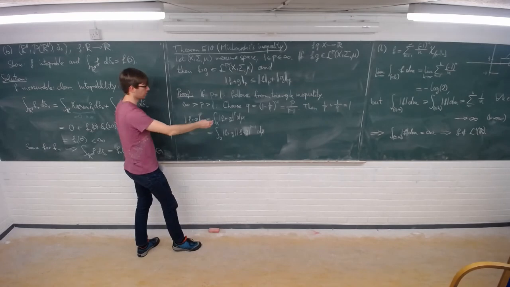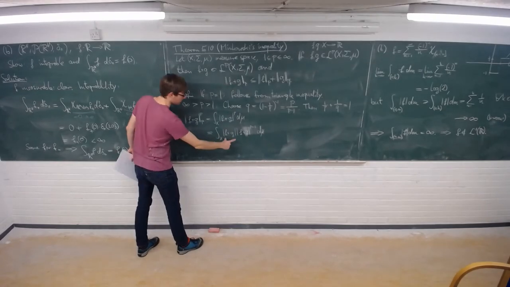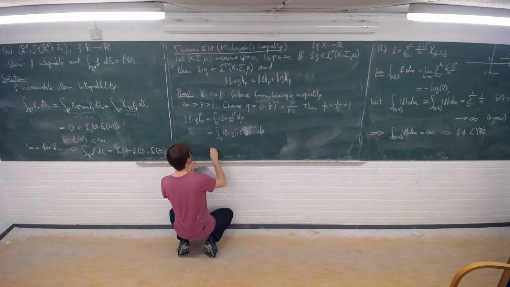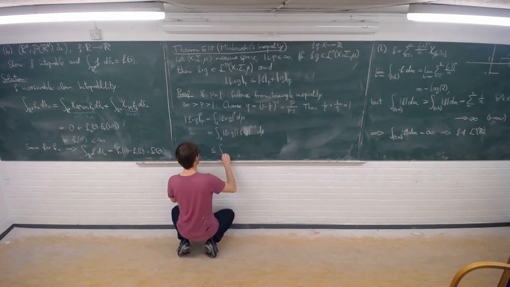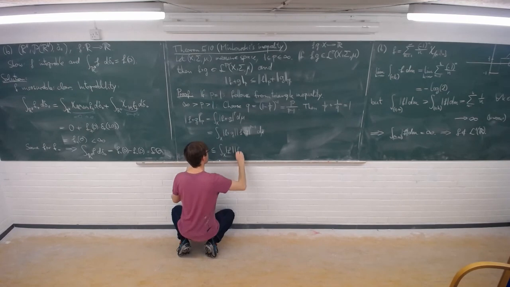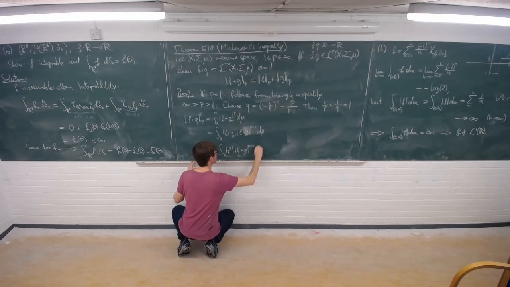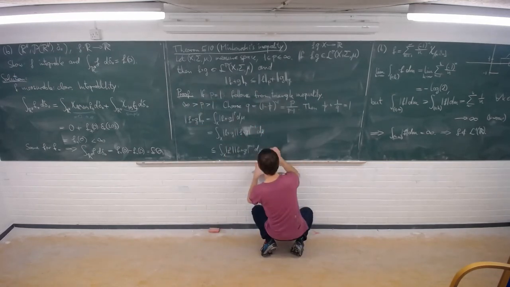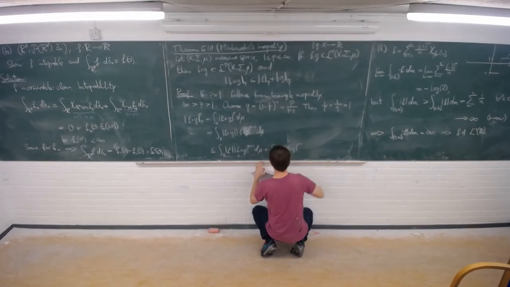Okay, now we use the usual triangle inequality in this first factor to get that this is less than integral mod f times |f plus g| to the power p minus 1 d mu plus integral mod g times |f plus g| to the power p minus 1.